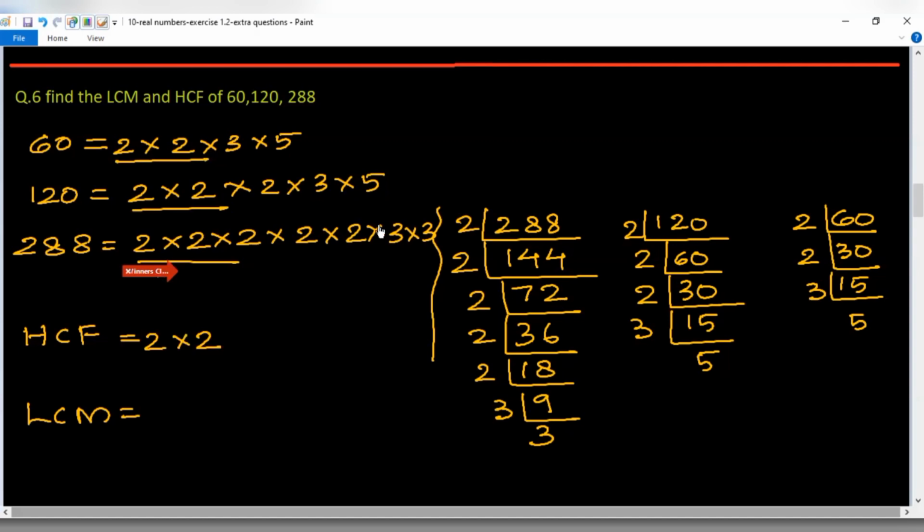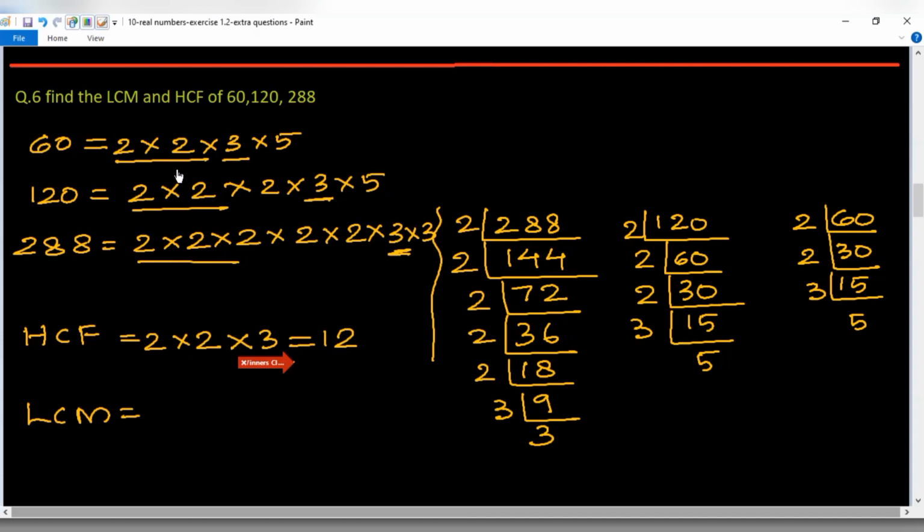Now, 3 is also there for all the numbers as a factor, but 5 is not there in 288. 5 is not there, but 3 is there. So 1 time 3 appeared in all the numbers. So we can take 3 as well. So this is the HCF. 2 into 2, 4. 4 into 3, 12. 12 is the HCF. Now comes LCM. So in order to get the LCM, we have to consider the highest power of all the factors.